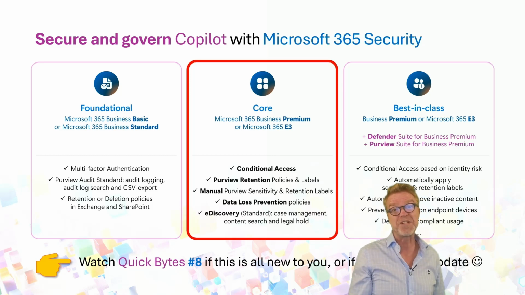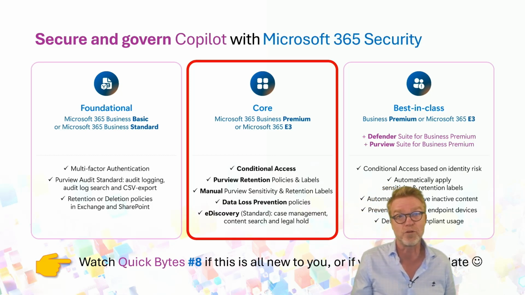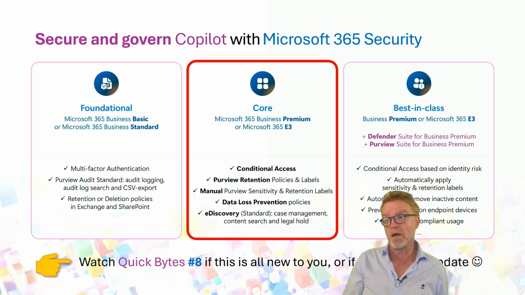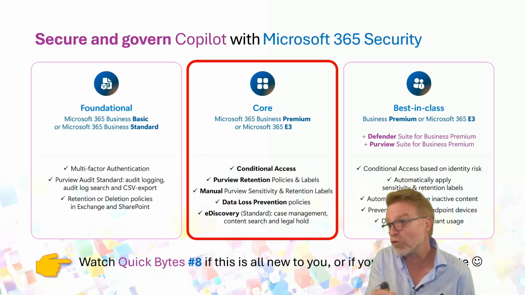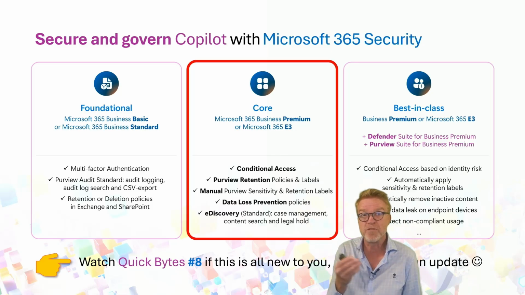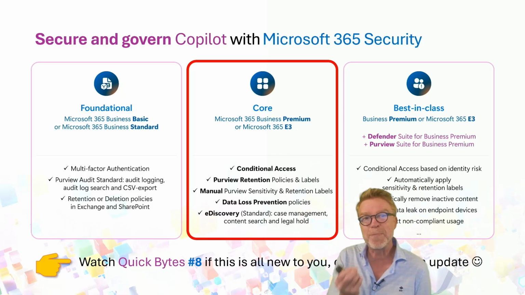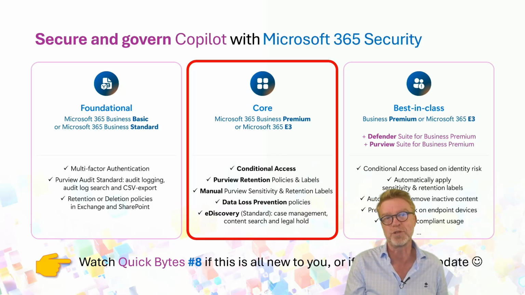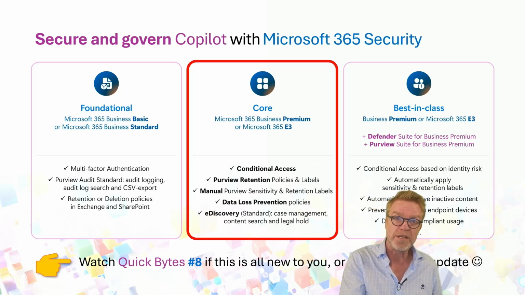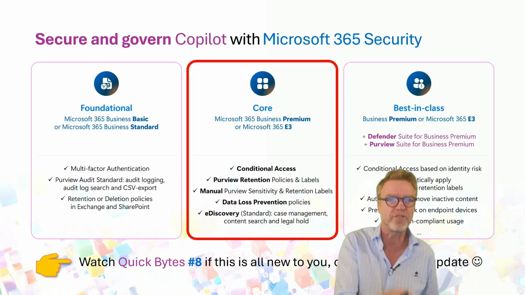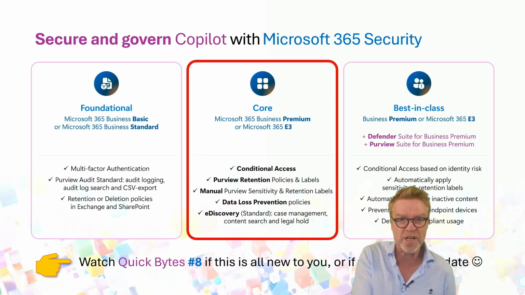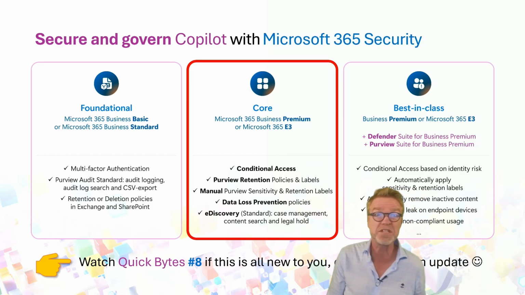Manual Purview sensitivity and retention labels are, of course, important, so that people are invited in their client applications, when creating a Word document or even a chat conversation, to apply a sensitivity label, so that also the sensitivity label is being respected by Copilot, so that Copilot will not use that information against whatever you have specified in the sensitivity label related to who can access the content.